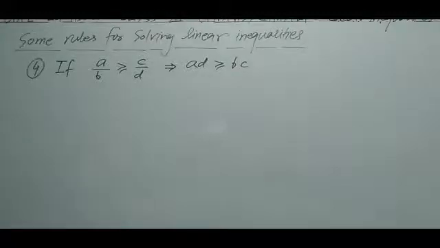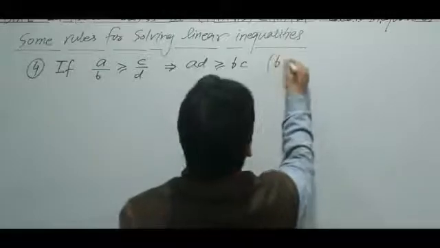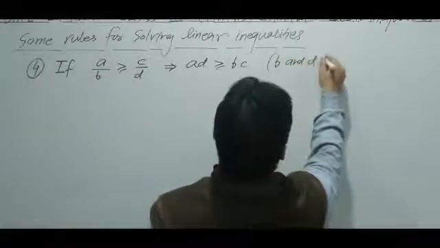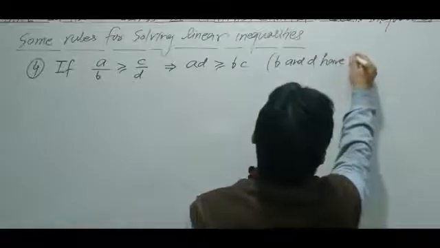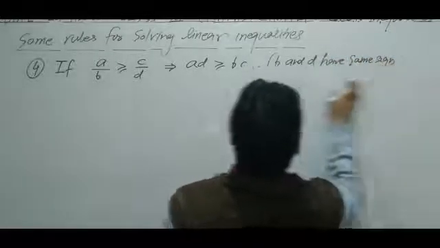This holds when B and D have the same sign and AD is less than BC. B and D have the same sign; this is the condition.